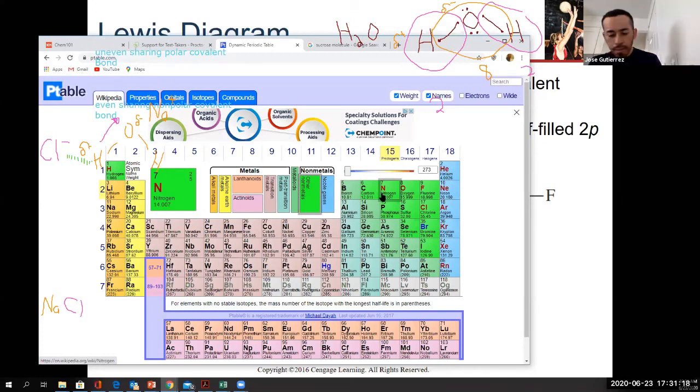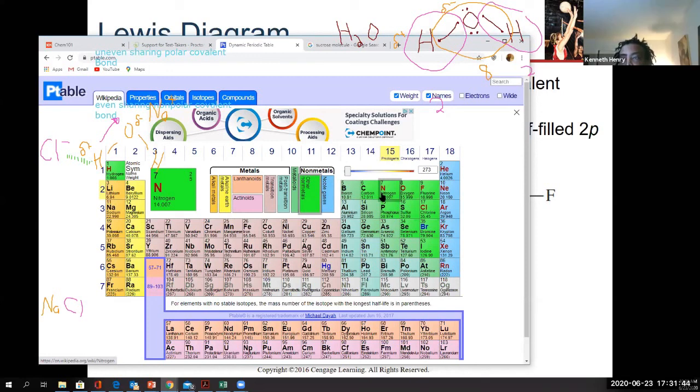A covalent bond. What about calcium and carbon? Ionic bond. What about carbon and oxygen? Covalent.